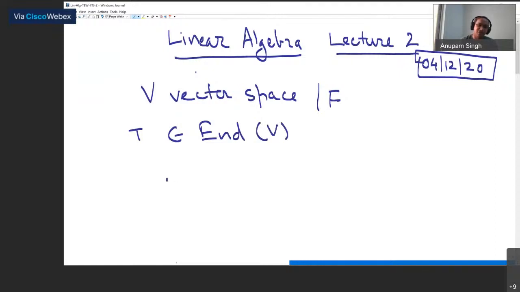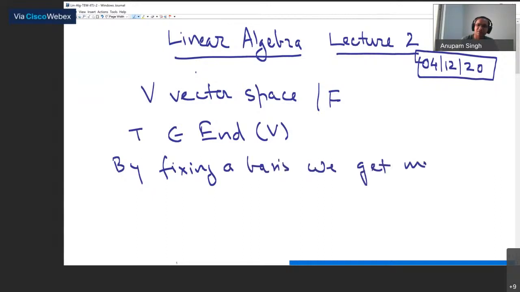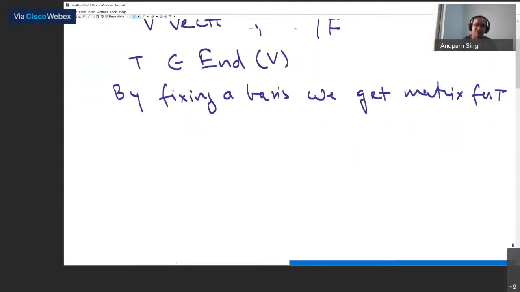And when we try to write a matrix for the linear transformation by fixing a basis, we get a matrix for T. But the problem is that we can get several matrices.